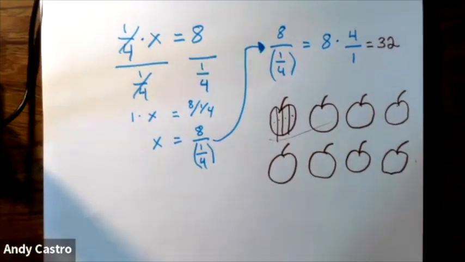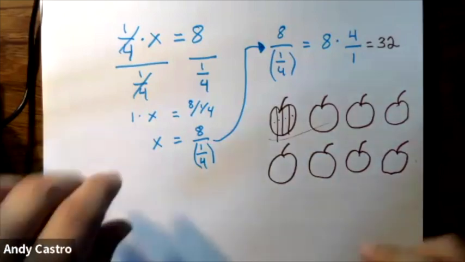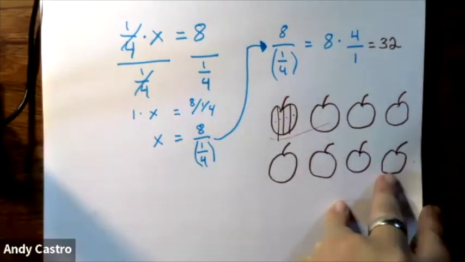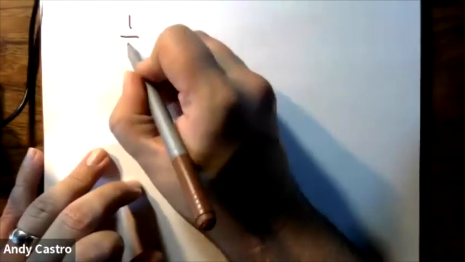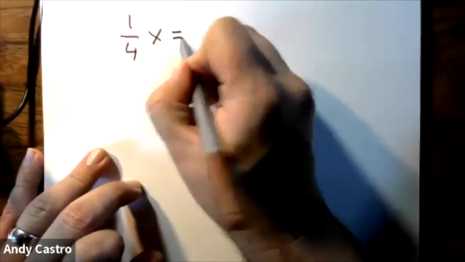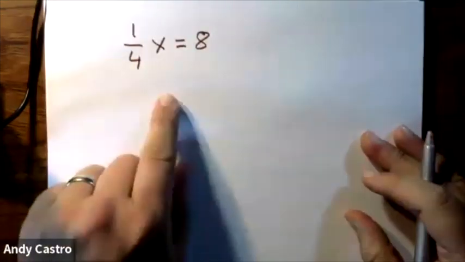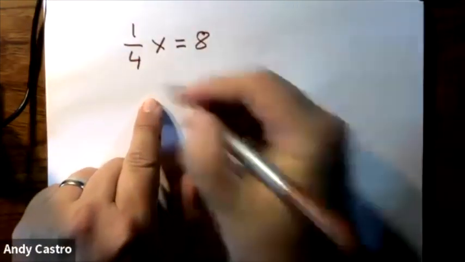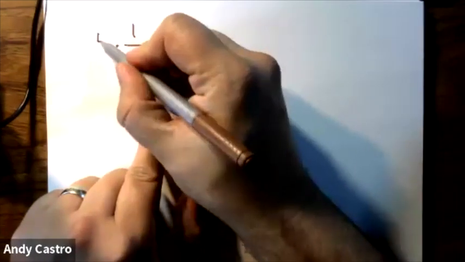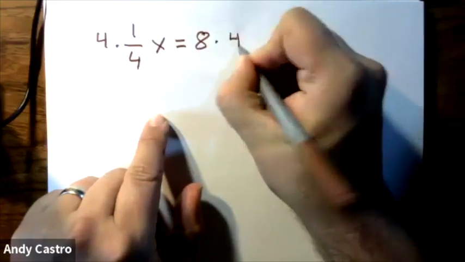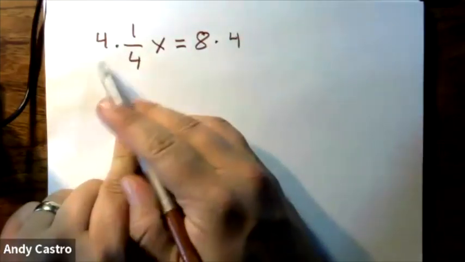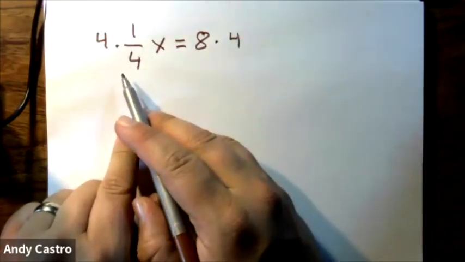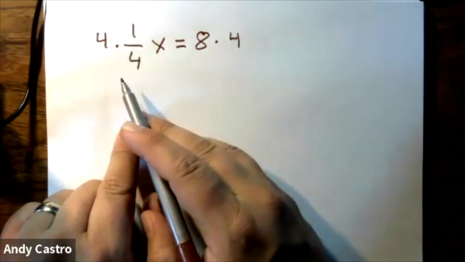Now I'll show you a third way to solve this. So continue to take notes. The more ways you can solve something, the better. 1/4 x is equal to 8. Here, if I multiply both sides by 4, right? 4 times 1/4 is 1. 4/4 equals 1.